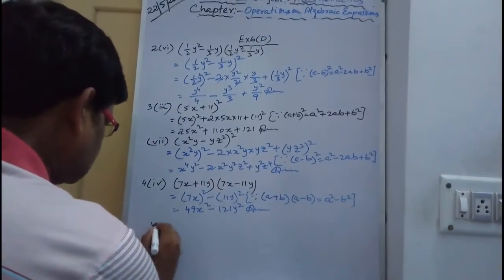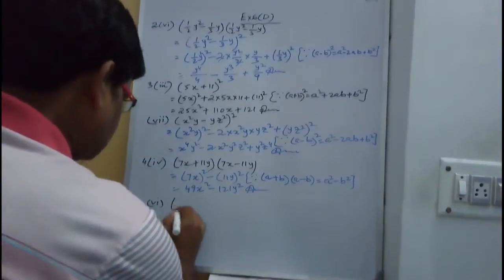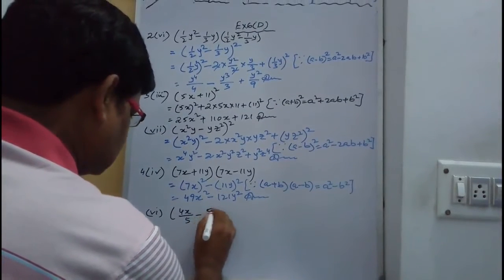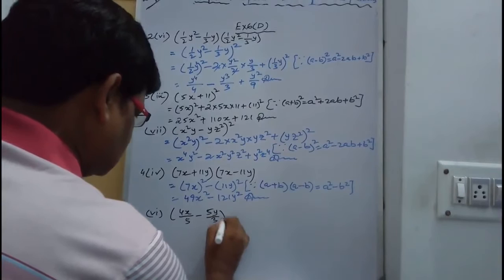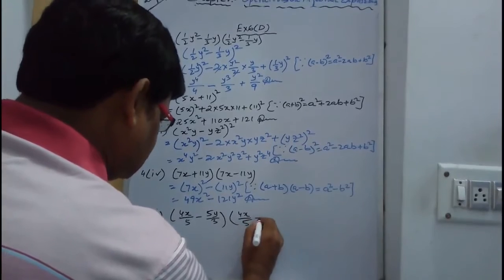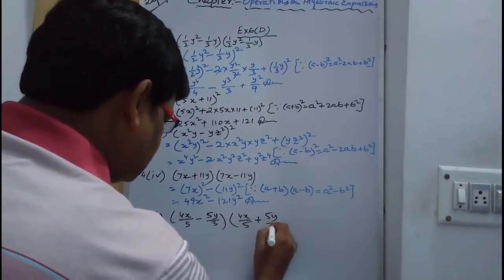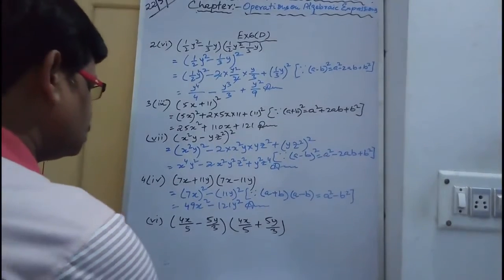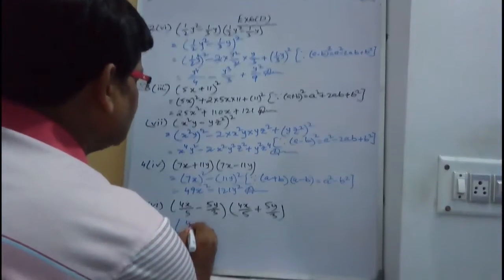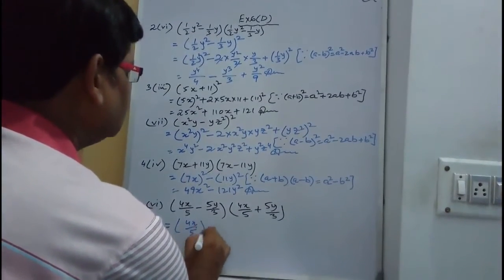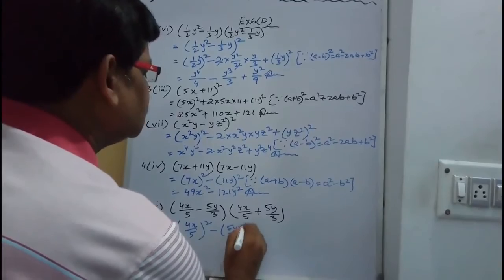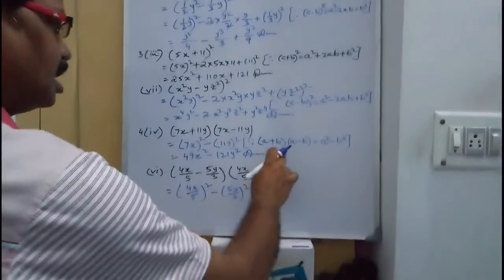Next, (4x/π − 5y/3)(4x/π + 5y/3). So here also (4x/π)² − (5y/3)². This one also is like that identity.